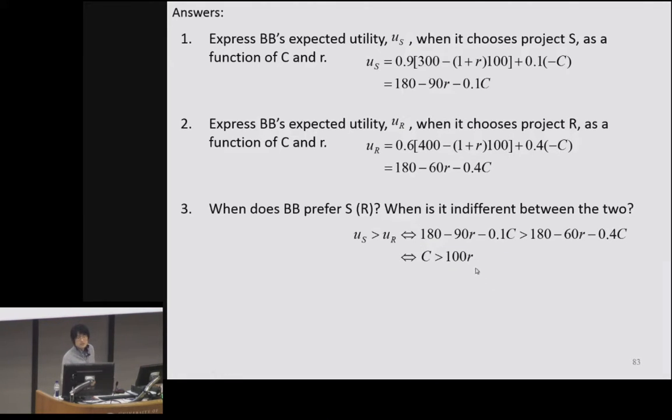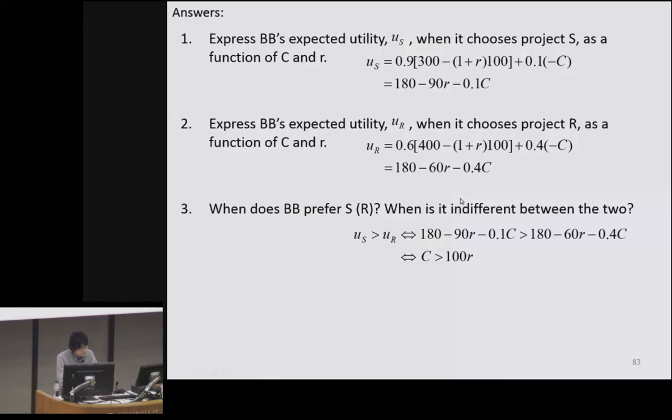If the interest rate is large and collateral is small, so that C is smaller than 100R, then UR is larger, so Brown Bakery would prefer selecting the risky project. If C is exactly equal to 100R, then Brown Bakery is indifferent between the safe project and the risky project. Okay, from this line to this line is just a simplification of the equation.